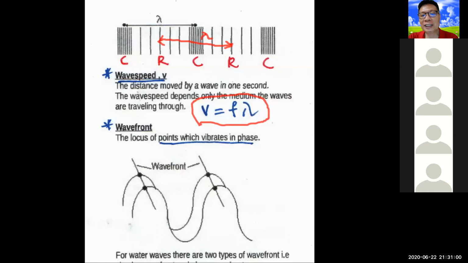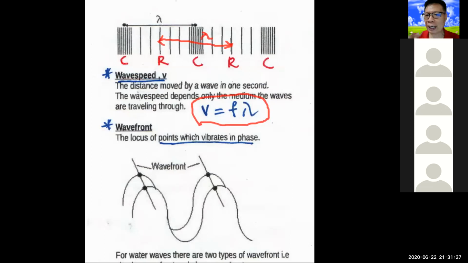Hoa Xiu Mei says solid. What about others? Hoa Xiu Mei says sound travels fastest in solid. Terry, what about you? Someone give an answer again. Ong Chao Xiang also says solid. Yes, correct. Both of you are correct. Sound travels the fastest in solid.